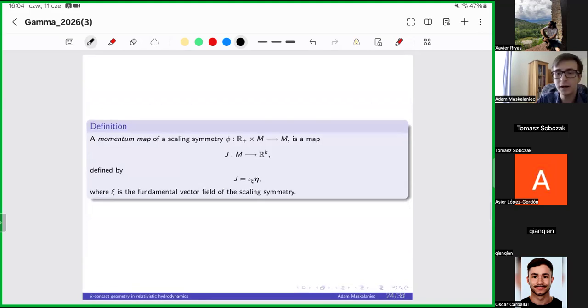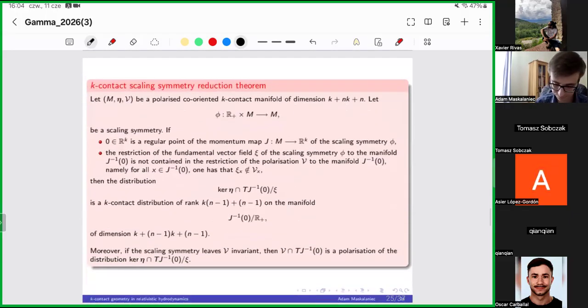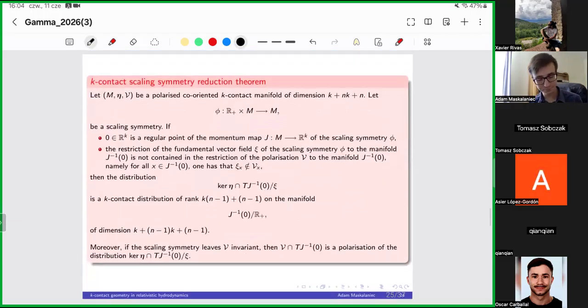So to prove such a reduction theorem, I need to introduce the momentum maps for these scaling symmetries. This momentum map is simply a map from our k-contact manifold to R^k, defined as a contraction of our k-contact form with the fundamental vector field of our scaling symmetry. Okay.